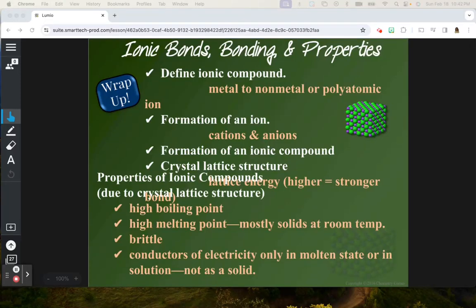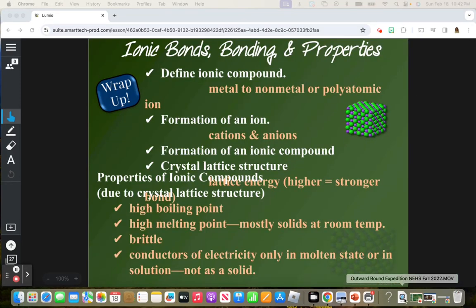So let's wrap it up. To wrap it up, we define ionic compounds as metals and nonmetals or polyatomic ions when they form cations or anions.